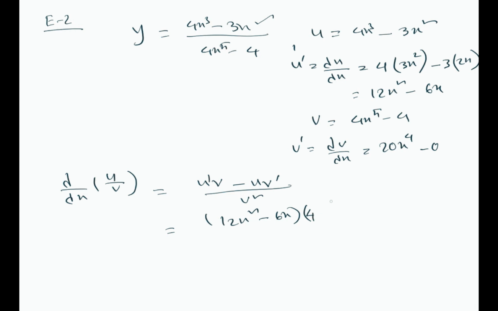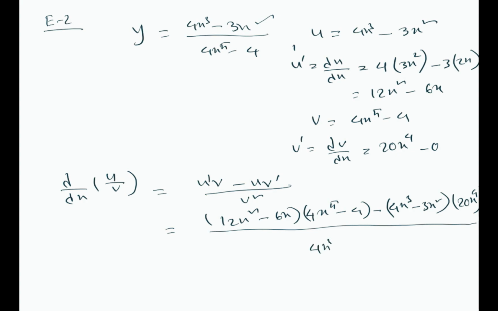B is 4x to the power 5 minus 4, right? Then minus u, what is u? 4x cubed minus 3x squared, and then multiply it with b prime, which is 20x to the power 4. Then in the denominator we have b squared, so 4x to the power 5 minus 4, squared.